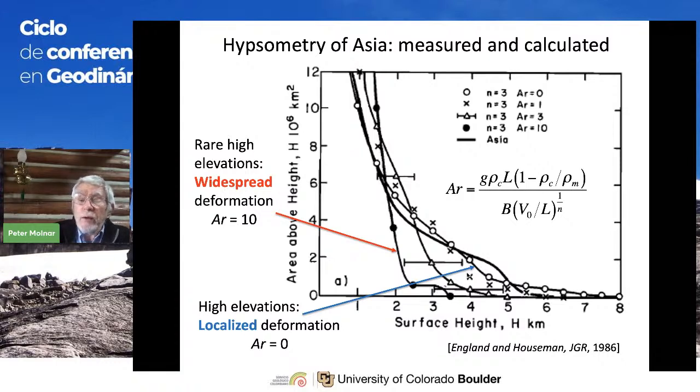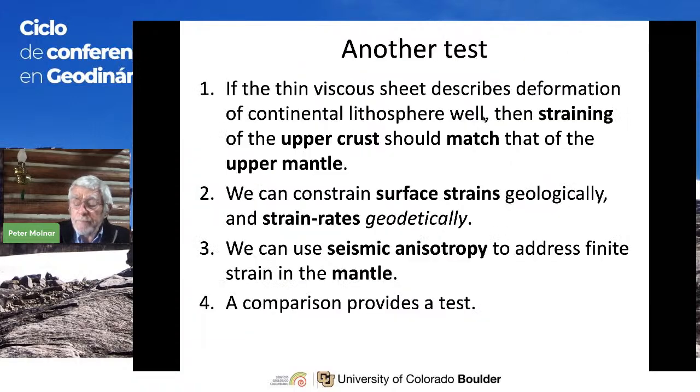It flows away from you. And England and Houseman use this to argue for Argand numbers in the range of 1 to 3 and n in the range of 3. N in the range of 3, recall, is typical for deformation of minerals like olivine or quartz.